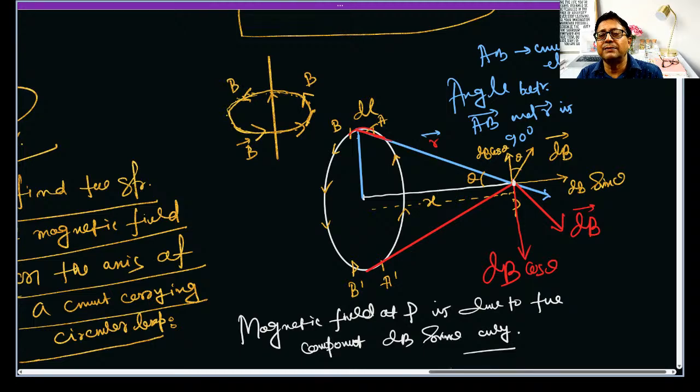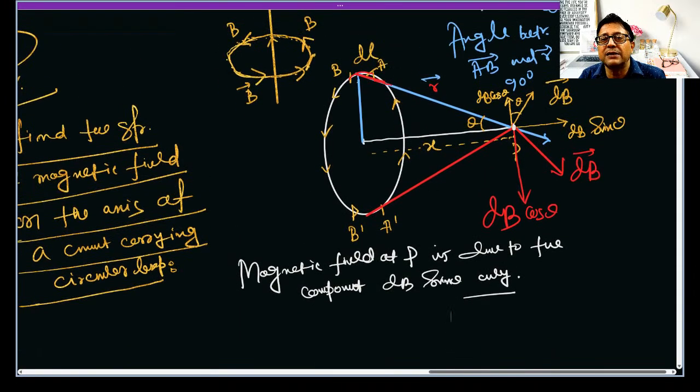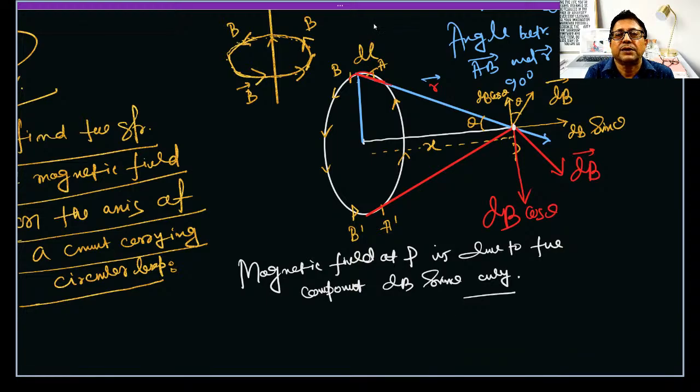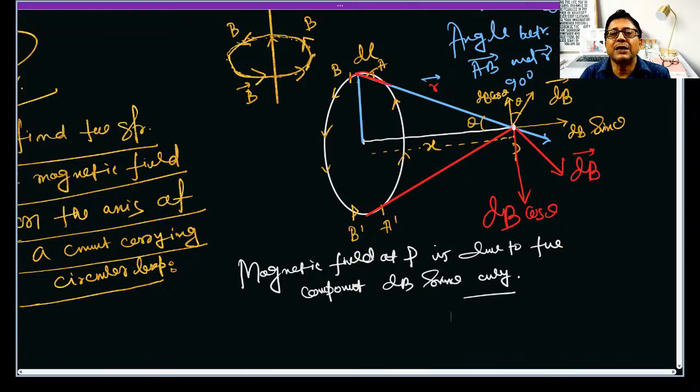The dB cos theta components, being symmetrically opposite, get cancelled. Clear? dB cos theta has no contribution to the magnetic field. The magnetic field at P is due to dB sin theta only.